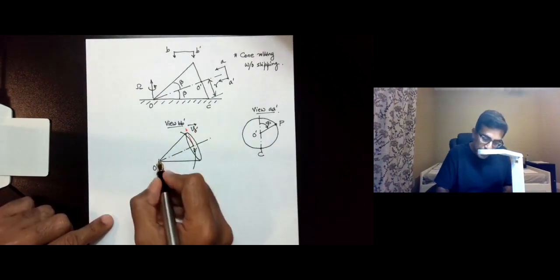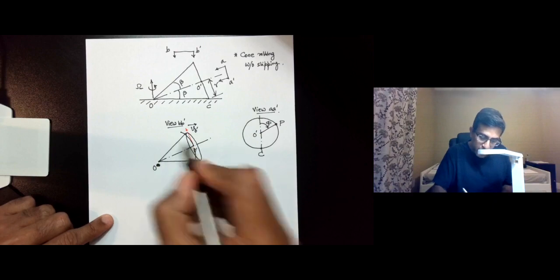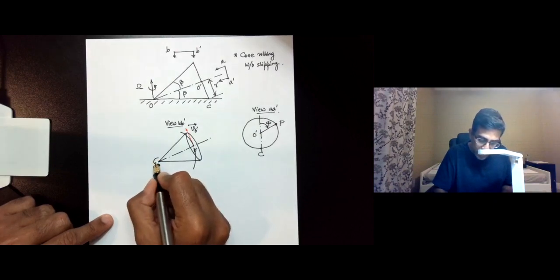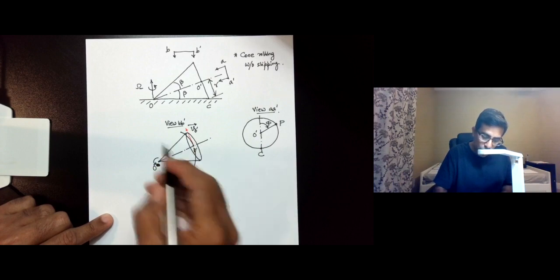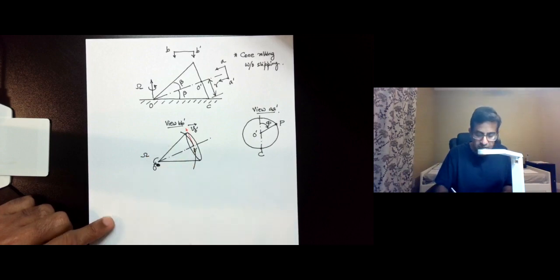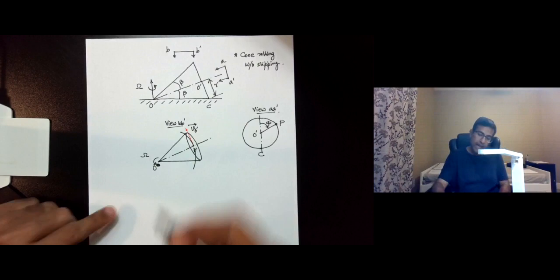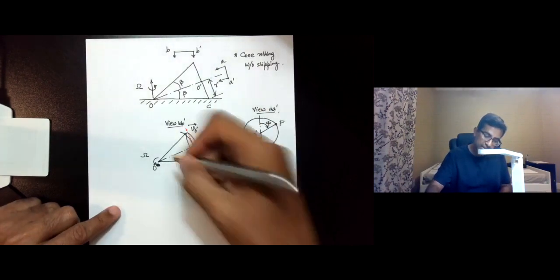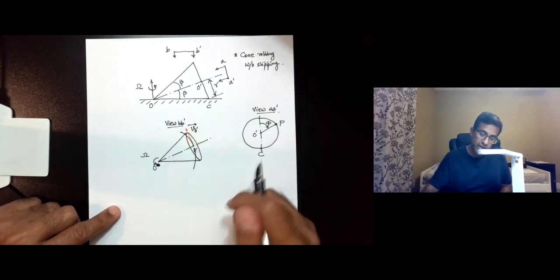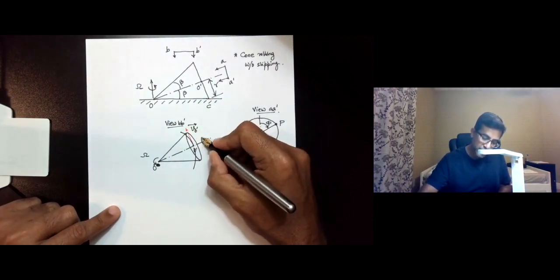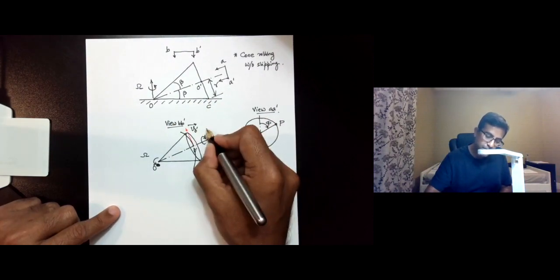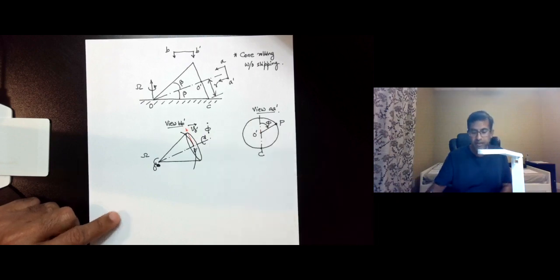Since you are viewing this from the top, you would see the axis of symmetry O prime turning with an angular velocity of omega. As it turns, the cone is also going to spin about its axis of symmetry, and that spin is given by phi dot.